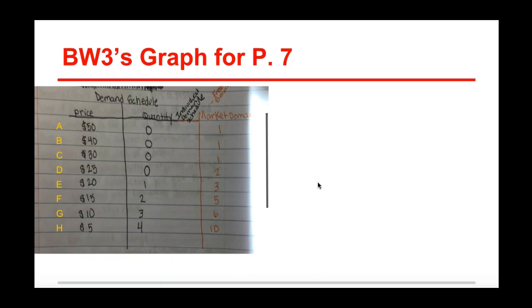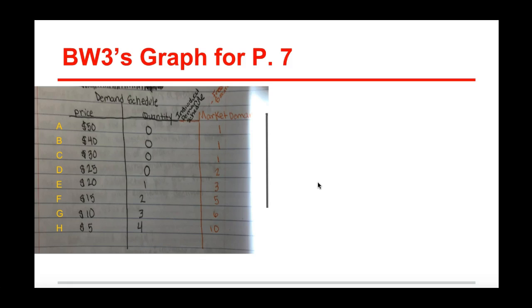So label A through H right now. The reason I want you to label A through H is because it makes it a lot easier to talk about point A or point F rather than having to deal with the individual prices. That's why I have you label them.